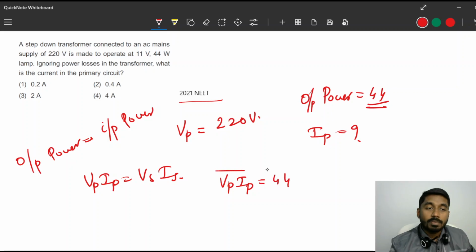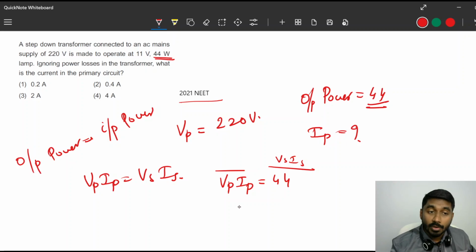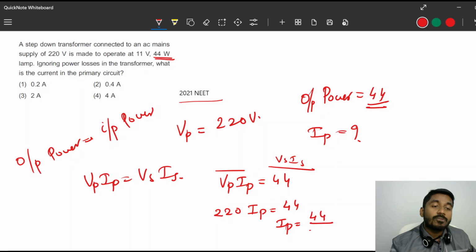Vp Ip is the input power, Vs Is is the output power, and in place of Vs Is I can substitute 44, because a 44 watt lamp is connected at the output. With 220 volt given as Vp, Ip is equal to 44 by 220. You will get 0.2 ampere, option number 1. Okay, let's move on to the next case.